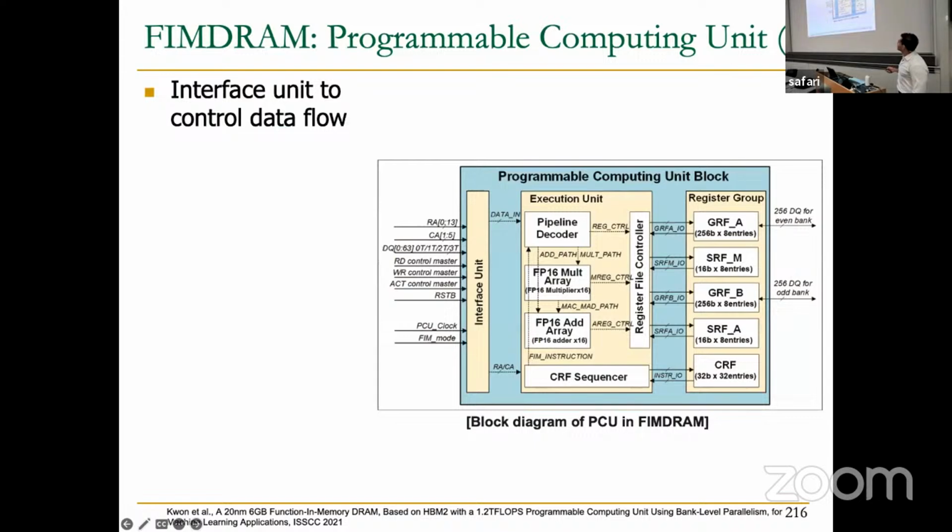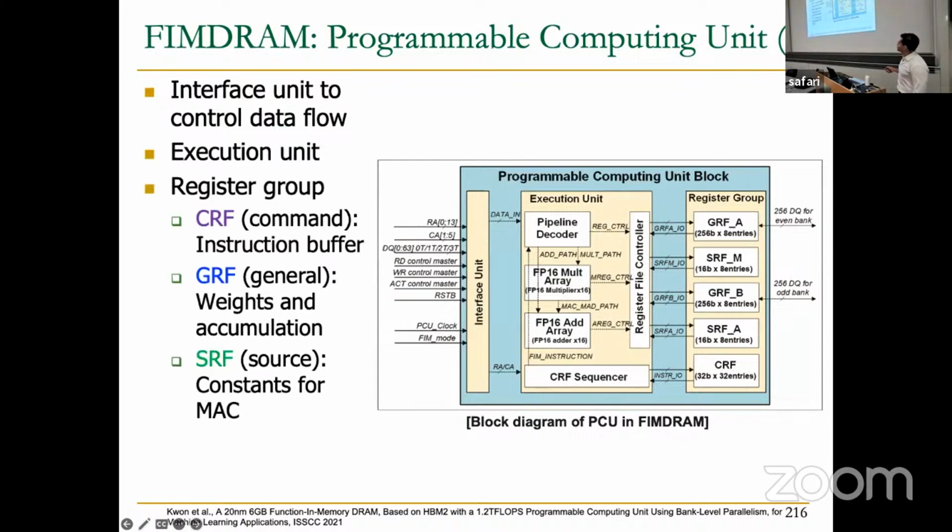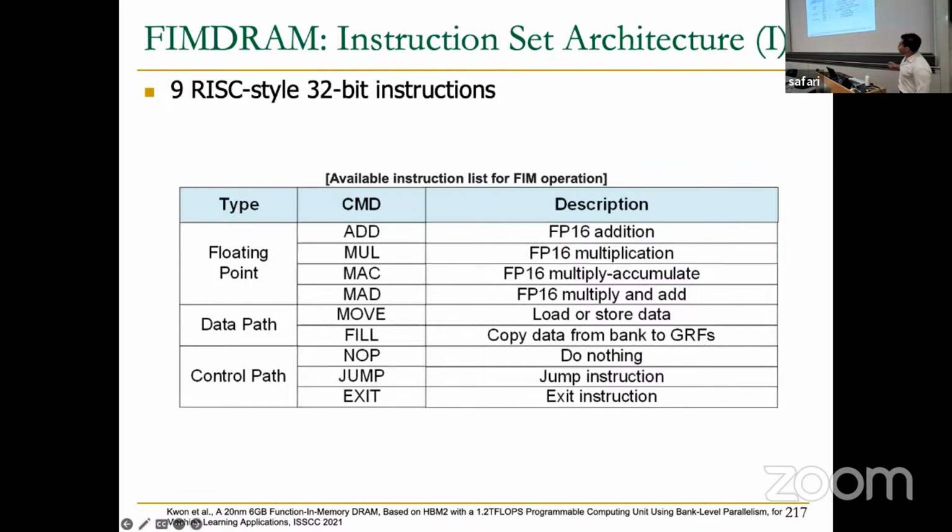So this is another view of the same thing. What we have, as I mentioned here, is the command buffer, some pipeline decoder, some sequencer, and some register files. The instruction set is quite limited because, again, we are just targeting neural network MAC operations.